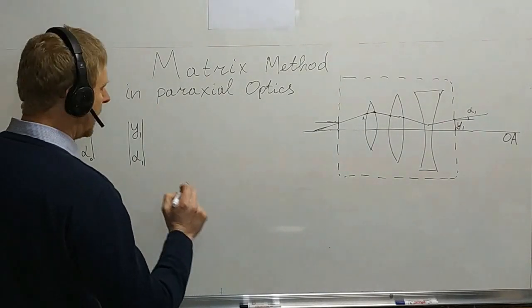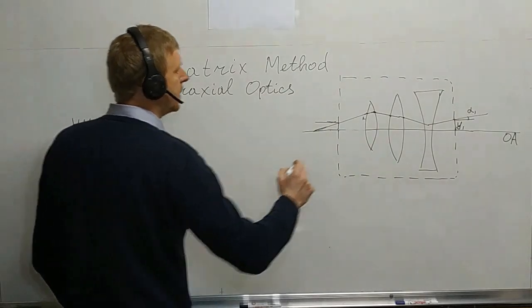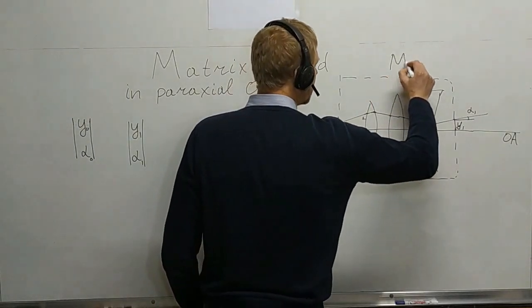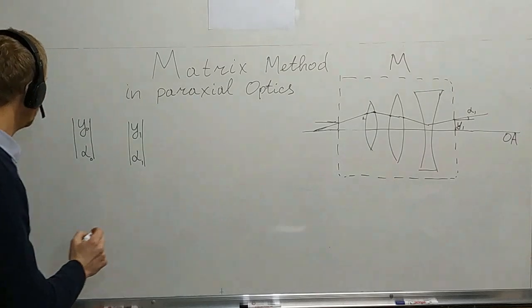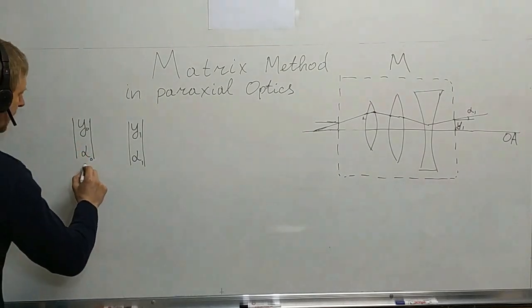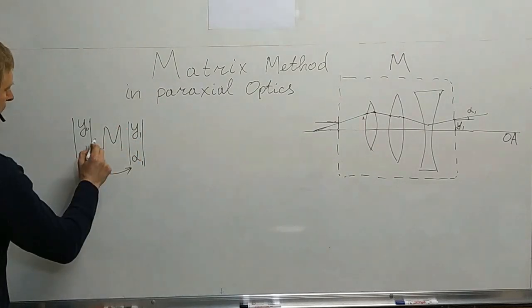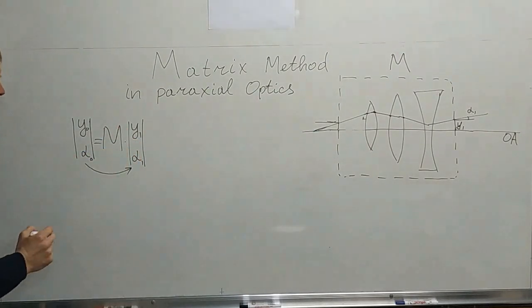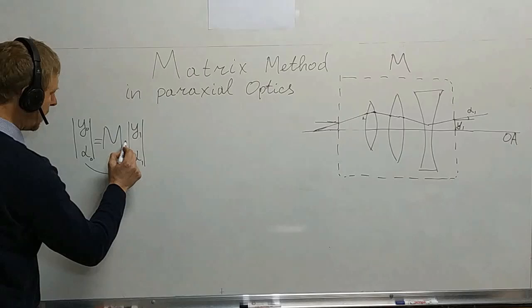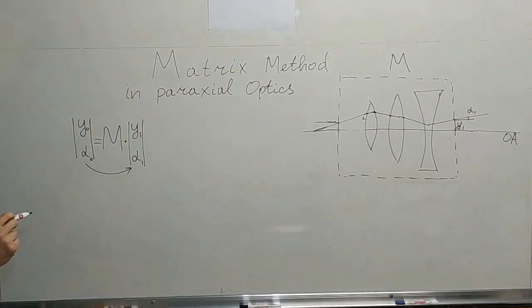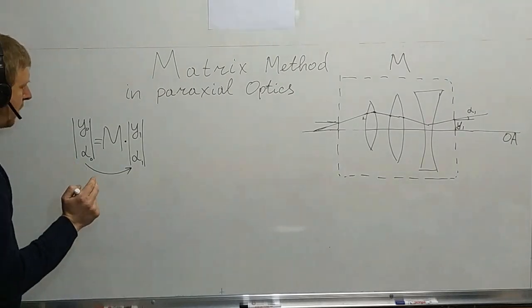So I can represent the optical system as some mathematical operator which converts the input ray into the output ray. And again, from linear algebra, such an operator can be represented by a 2x2 matrix.